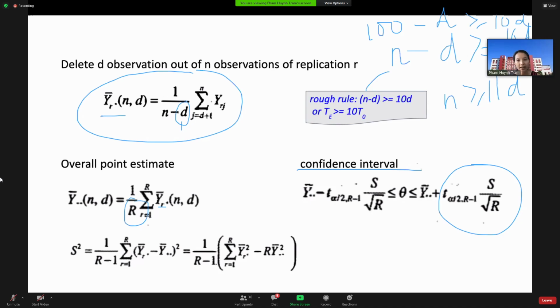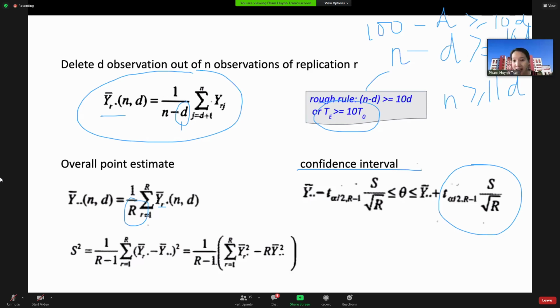We can decide the warm-up period either by the number of entities or by time. If it is by time, we can use this rule of thumb: the time where we collect the simulation data, the statistics, should be at least larger than 10 times the warm-up period.